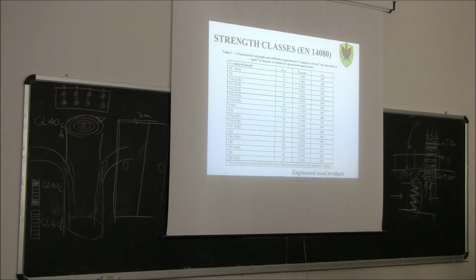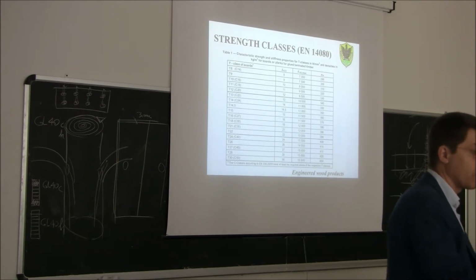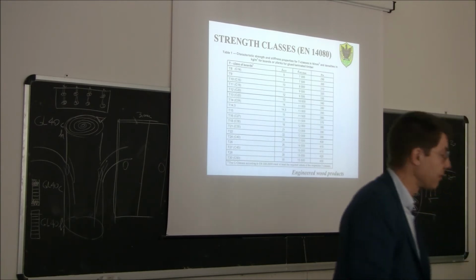You remember what we discussed on Monday. So T8 corresponds to C14 because 8 is a tensile strength, f_t,0,l,k, in this case the characteristic tensile strength of the lamination. You remember what 0 means here? Why is it written f_t,0,l,k? F is strength. 0 means the longitudinal direction, 0 degree with respect to the grain, so parallel to the grain.